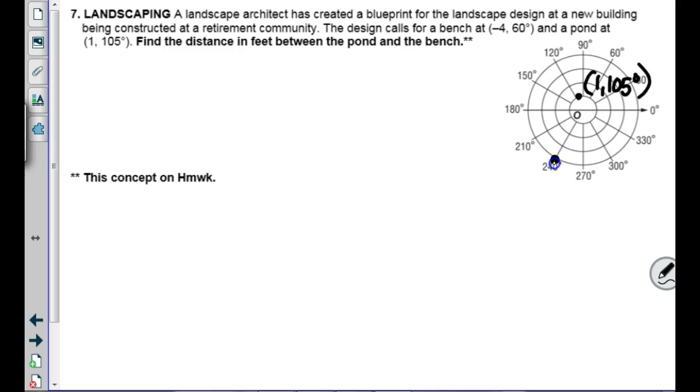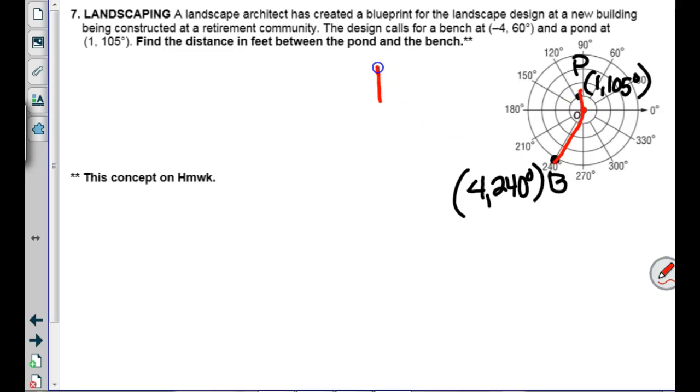What's another name for this one I put out here? What's an easy name? This is where the bench is, and this is where a pond is. This would just be 240, right? 240 would be an easy name for that one. All right, we want to know how far apart they are. This is what I'm going to do. I'm going to put a dot at the origin and connect these out.